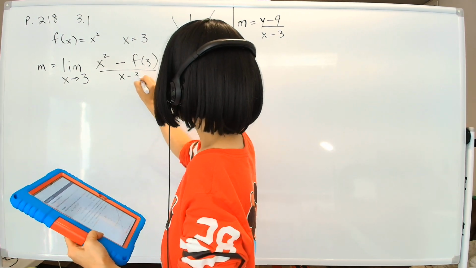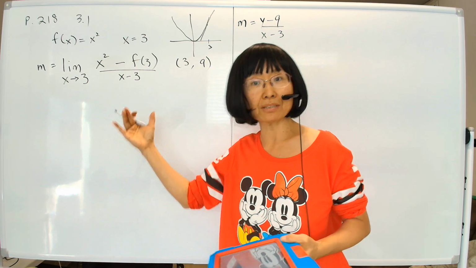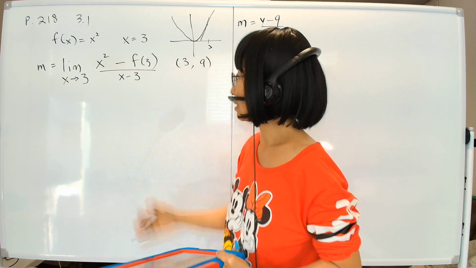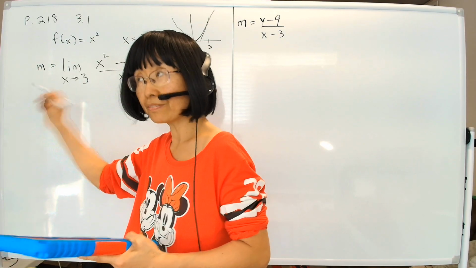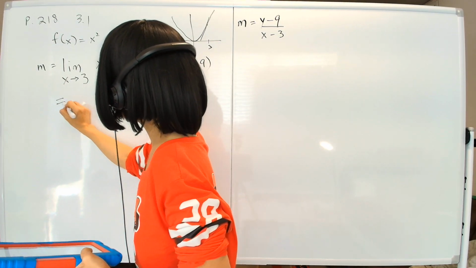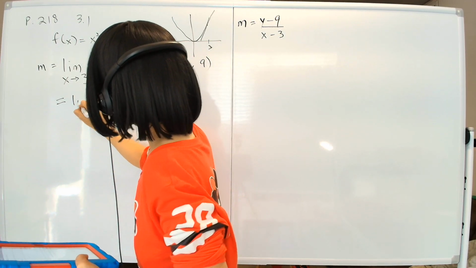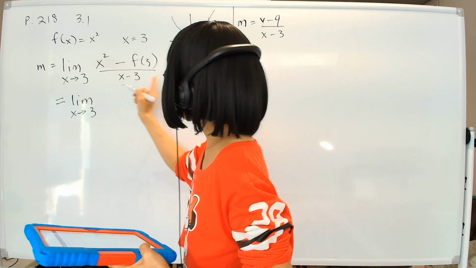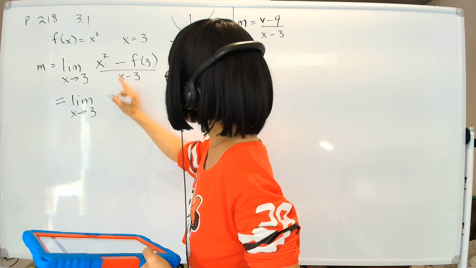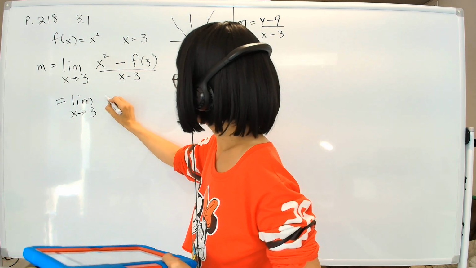All right. So now we'll calculate the limit, which we did in the previous chapter, because we're in chapter 3. Anyway, as x approaches 3, that's x squared minus 9, right?